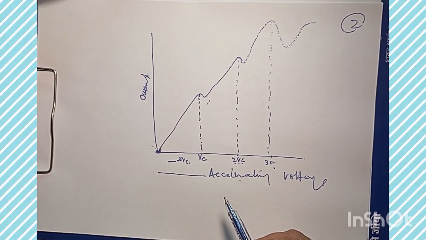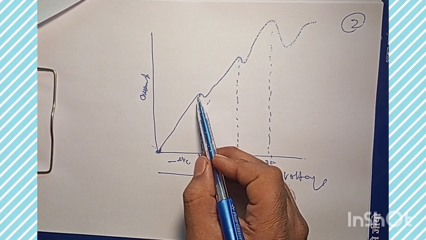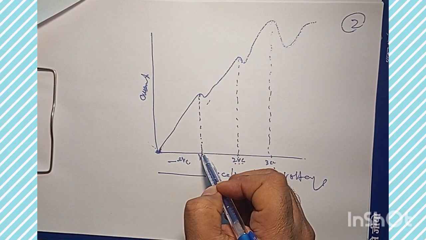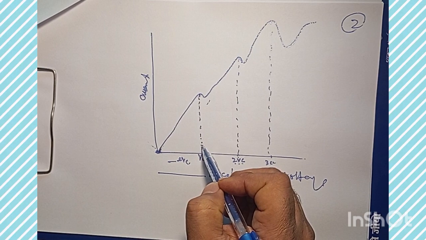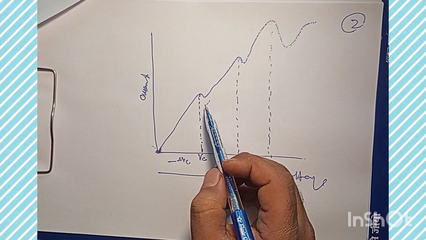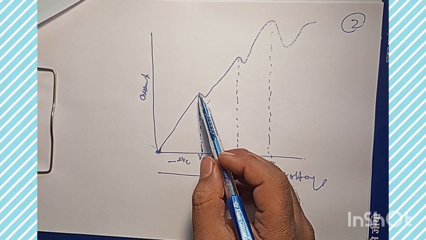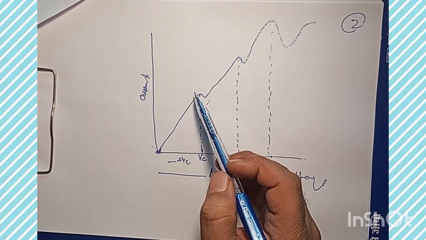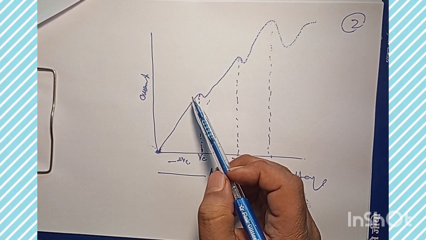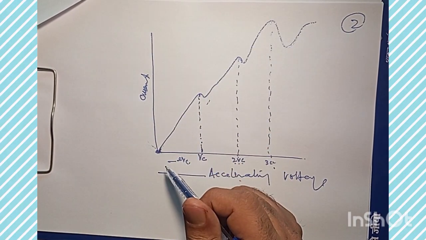Now the point is that the first peak occurs at a potential slightly less than that of this Vc. This is because electrons are emitted from the filament with a finite velocity, and hence with some energy. The true excitation potential Vc is obtained by measuring the difference between two successive peaks.